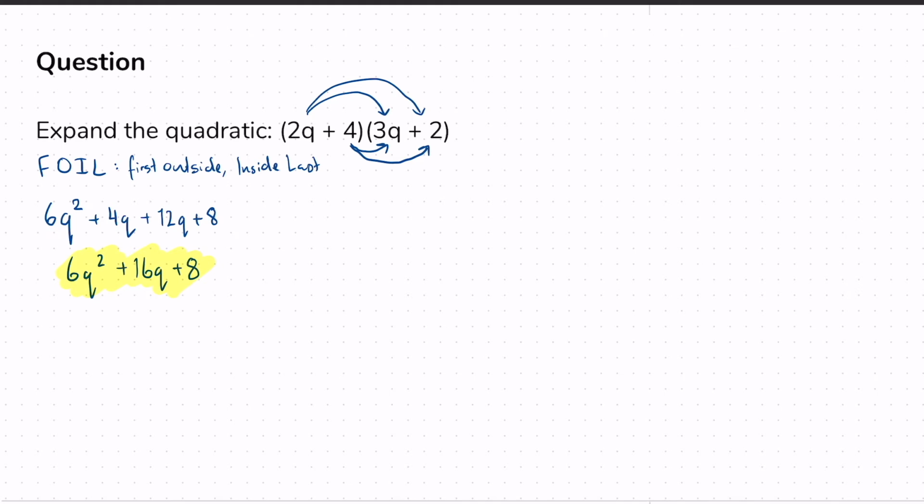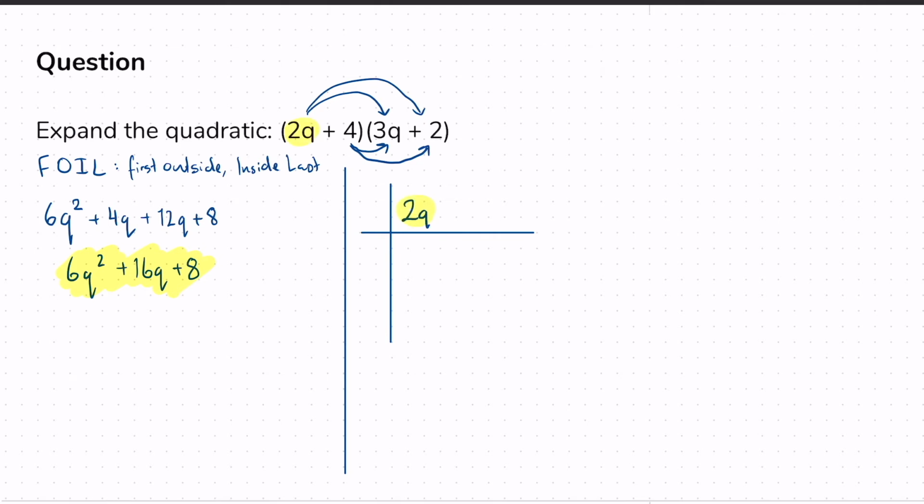Using this grid uses similar principles, where we're multiplying every single term together. But what it looks like in practice, so let's just do it on this right-hand side here, is I take each of the terms, so 2q right in here.